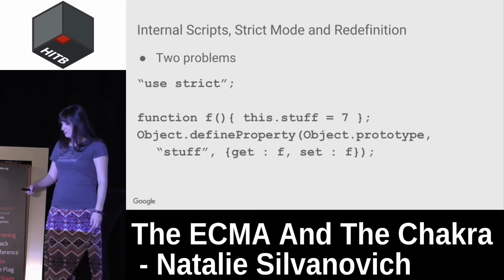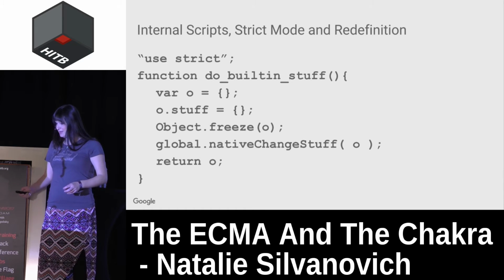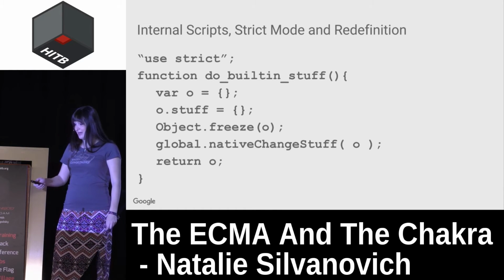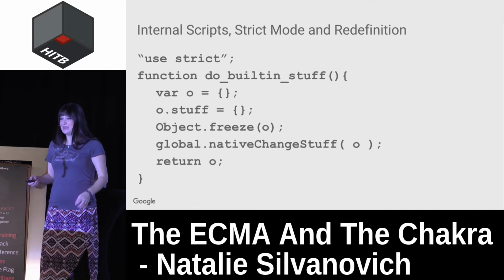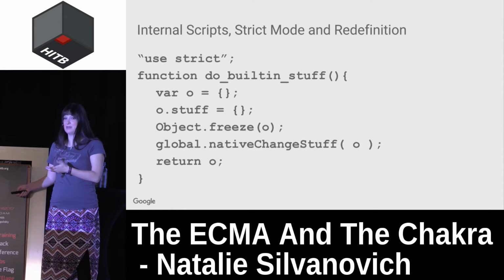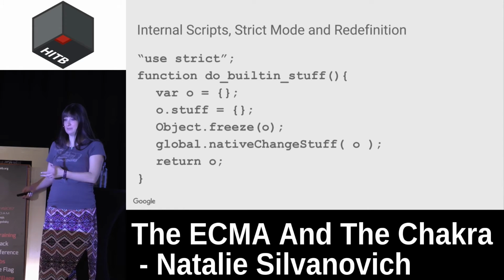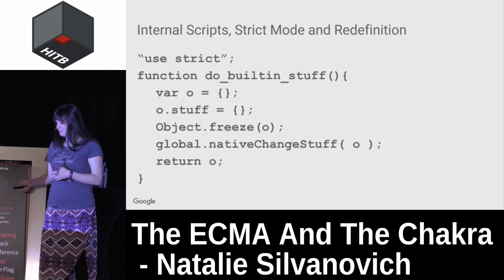So if you make this prototype so that stuff has a getter or a setter on it, then when it calls o.stuff, it's going to call your function, and then you can get a handle to the object. That can be problematic, because maybe this native call assumes something about it. For example, it probably assumes that stuff is an object, because that's what it put in. So this is a cause of problems.